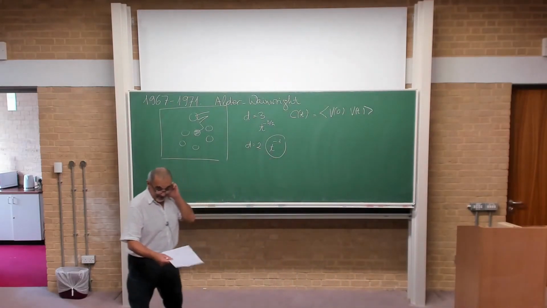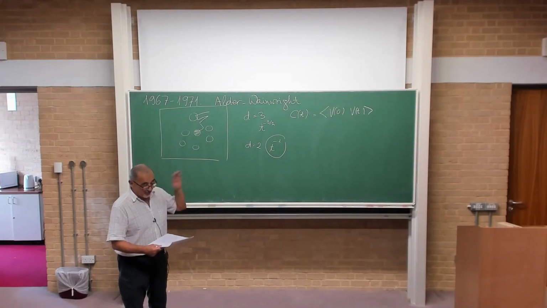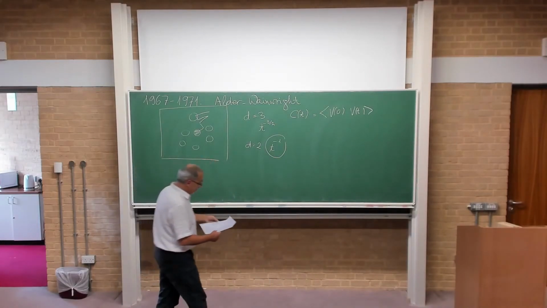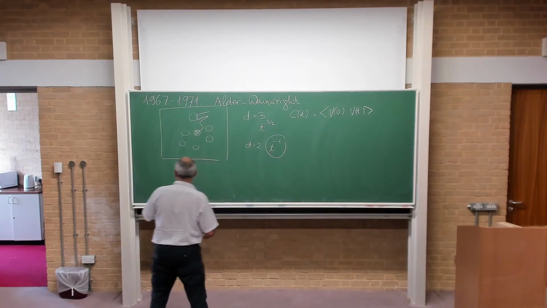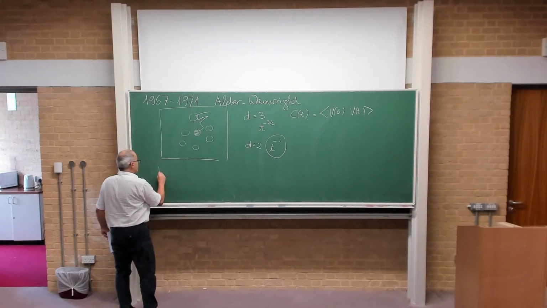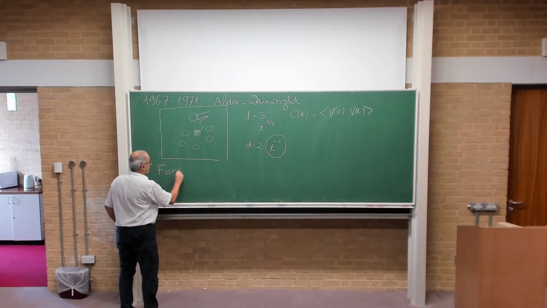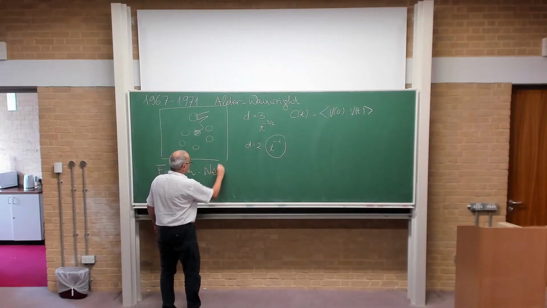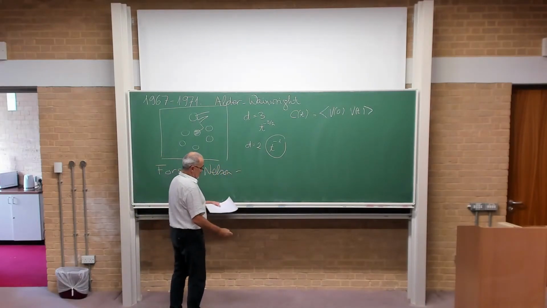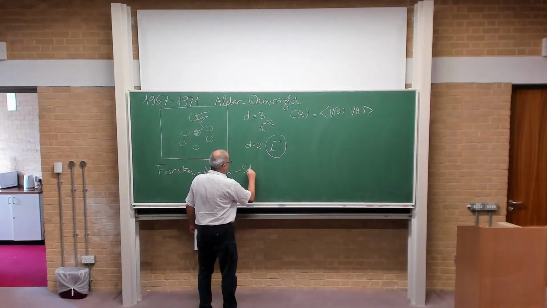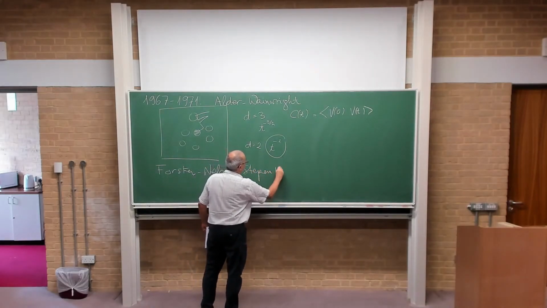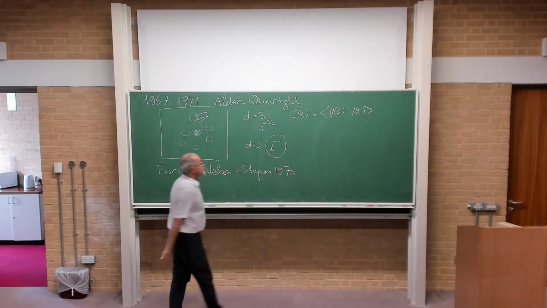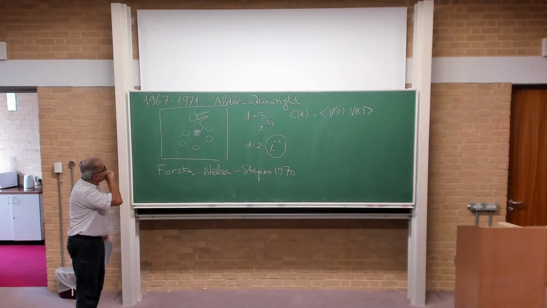What I'm telling you are ideas from Alder and Wainwright, and later, or about the same time, towards the end of this interval, there is another paper. I would quote here Forster, Nelson and Stephen, 1970.